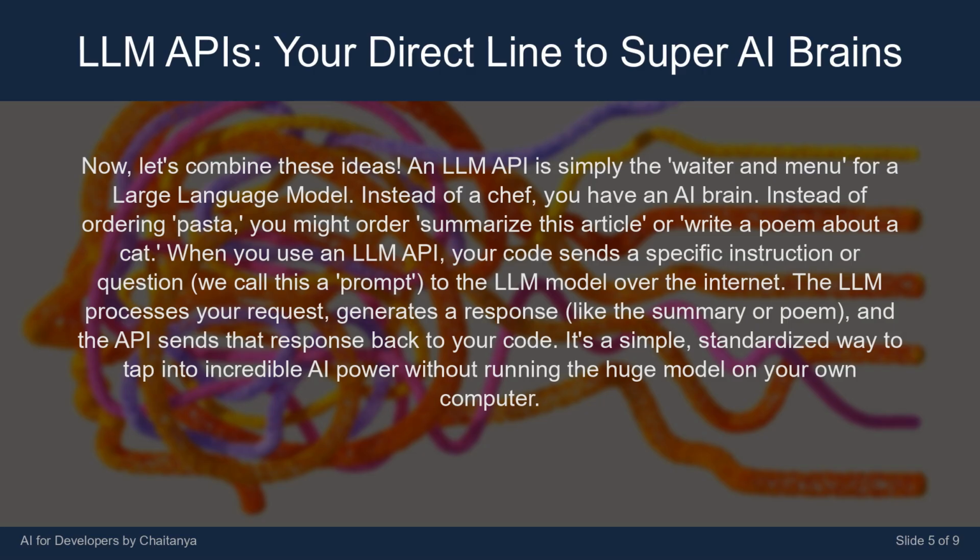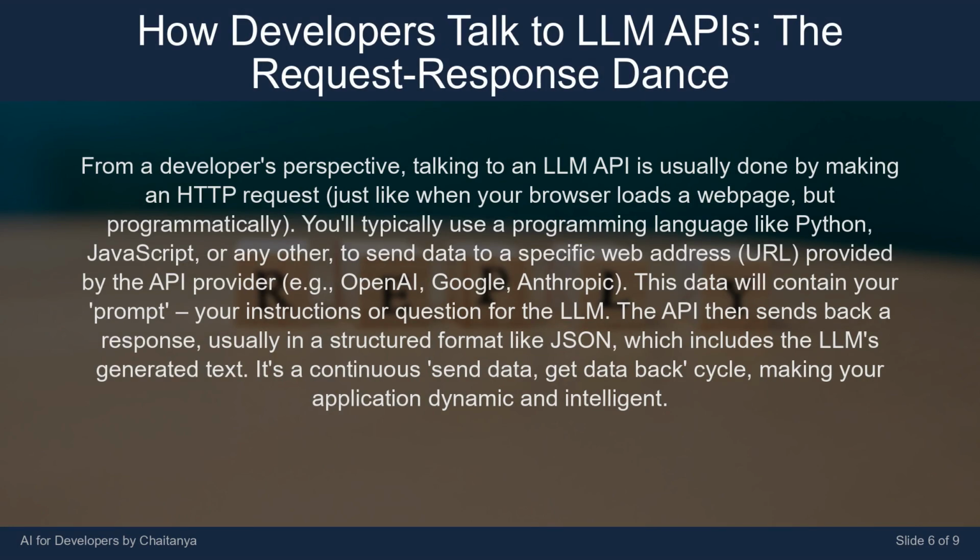From a developer's perspective, talking to an LLM API is usually done by making an HTTP request, just like when your browser loads a web page. But programmatically, you'll typically use a programming language like Python, JavaScript, or any other, to send data to a specific web address, a URL, provided by the API provider, e.g., OpenAI, Google, Anthropic.